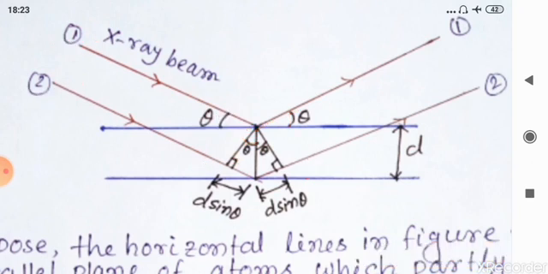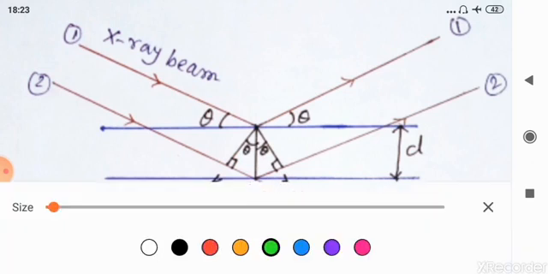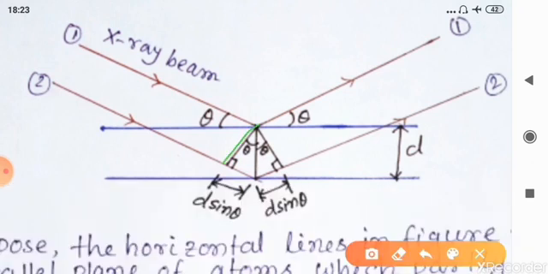What we have done, we want to find out the extra path. We have drawn a perpendicular from the point, let's say this point is C, on the second ray, and this much is the extra path which has to be traveled by ray 2.